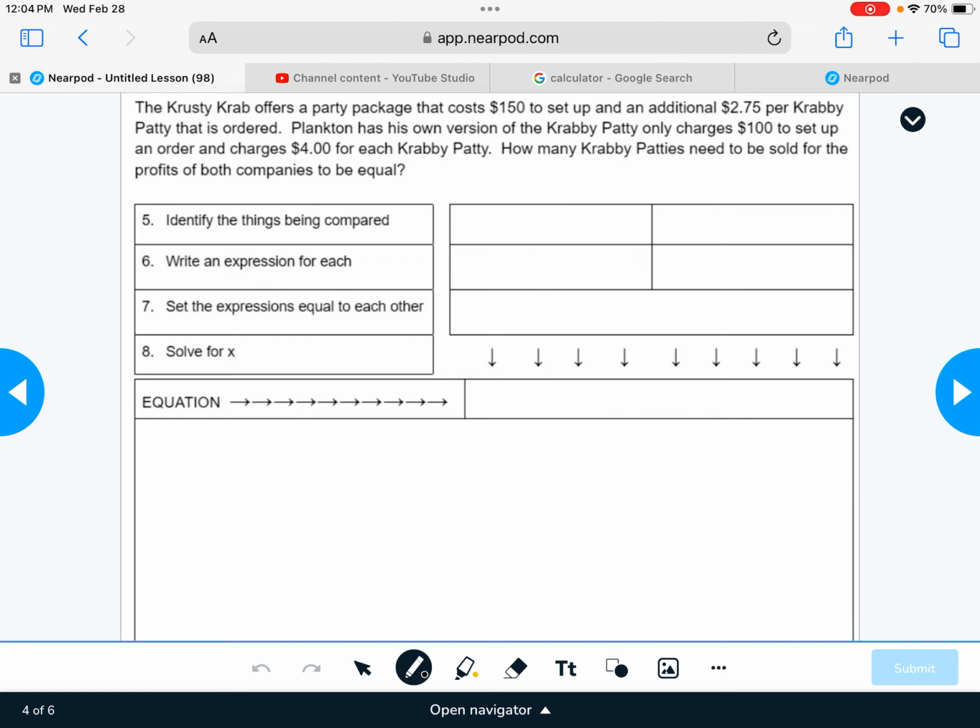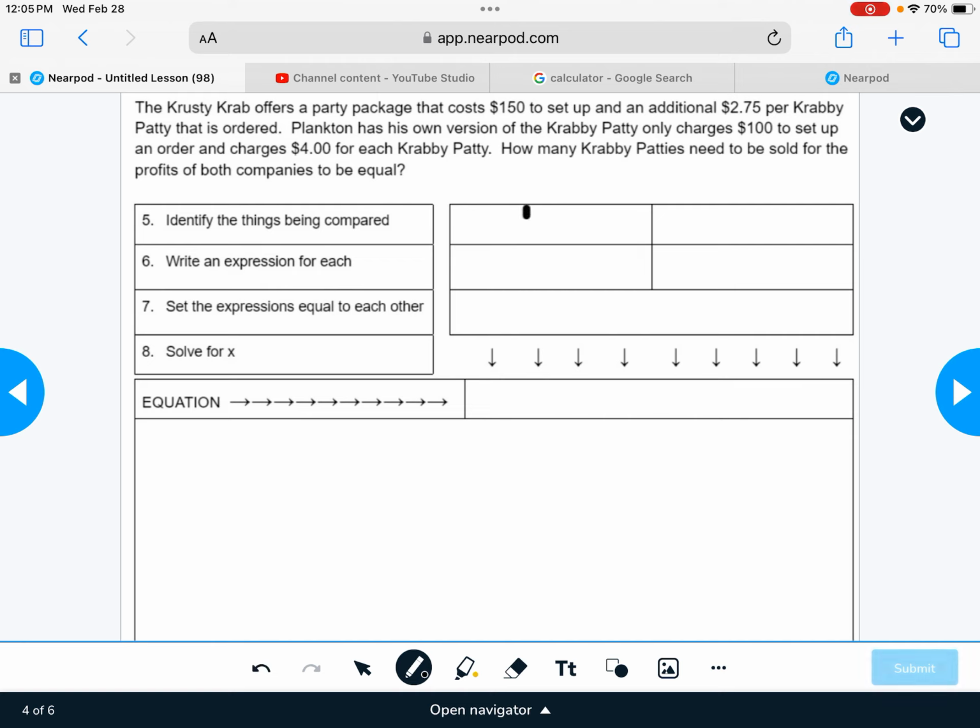Mr. Krabs has said, okay, I'm charging you $150 to just have a party at the Krusty Krab. But your Krabby Patties are only going to cost $2.75 each. So if I start adding more people, how much more are we charging for each person that we're bringing? Well, I'm not charged $150 per person. The $150 is charged just to set up the party.